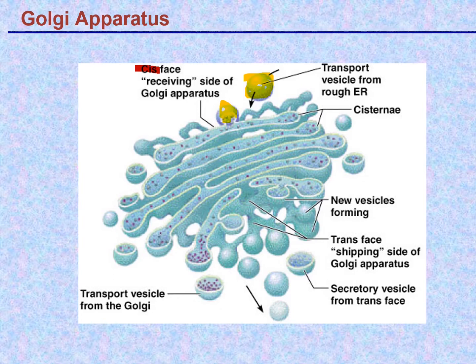Then they get exported at the trans face inside secretory vesicles that move up to the surface and get secreted, or become lysosomes or some other structure.